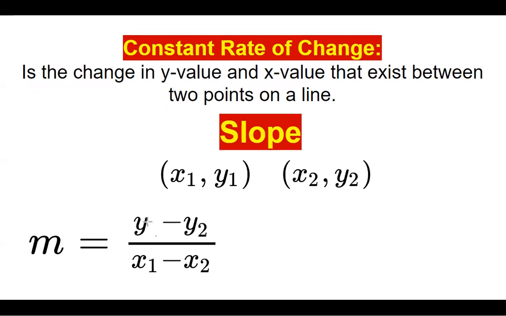And I don't want you guys to be confused. For some reason, Ms. Vasquez forgot to change her coordinates. It is Y sub 2 minus Y sub 1 over X sub 2 minus X sub 1 as your rate of change, okay? So that's how it's been presented to us.